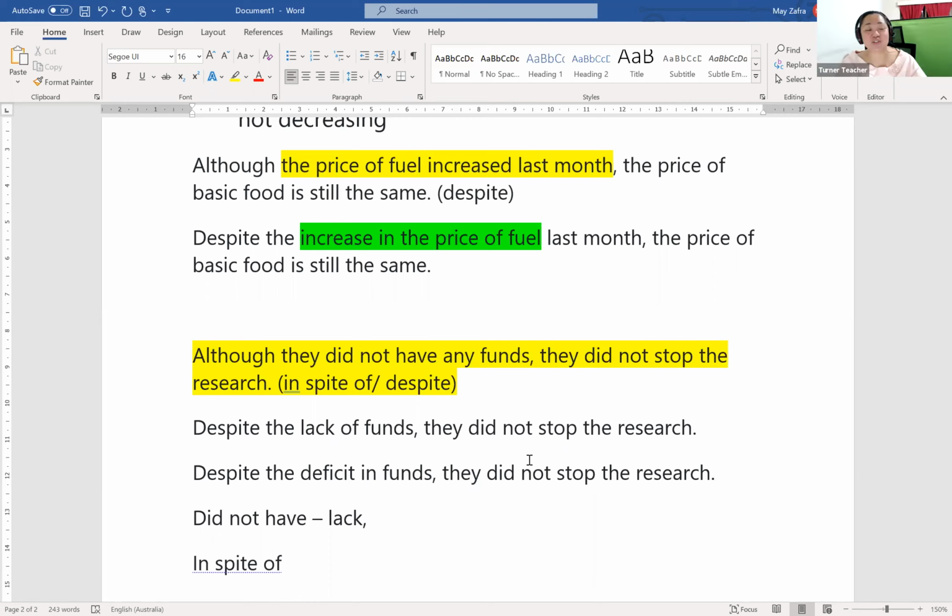Also, your sentence, Manjot, is incorrect because when you're using the word in spite of, it has to be followed by adjective plus noun. Okay. Yeah, increasing number of COVID cases is a noun phrase here. So it should be despite increasing number of COVID cases.